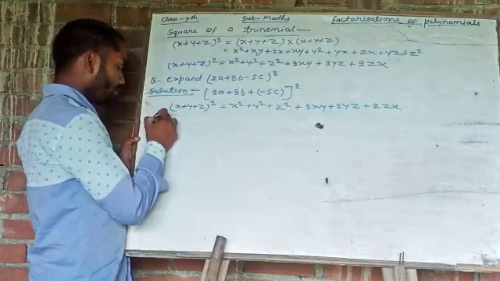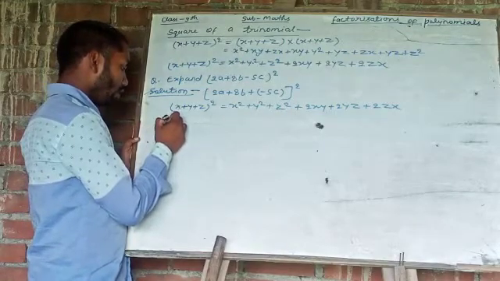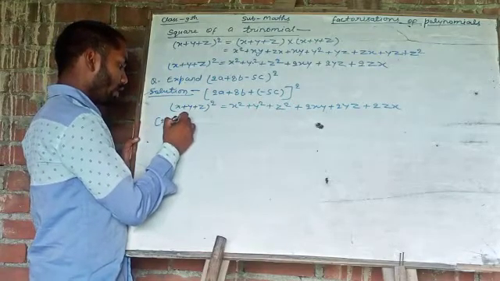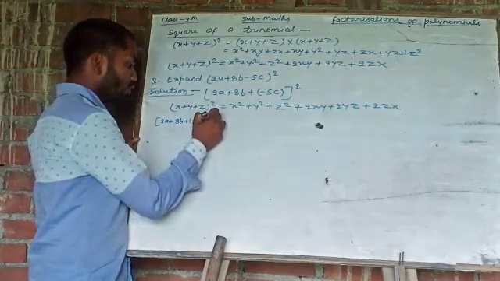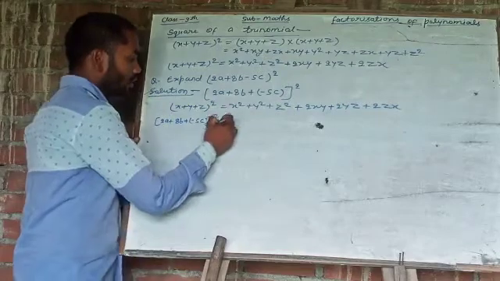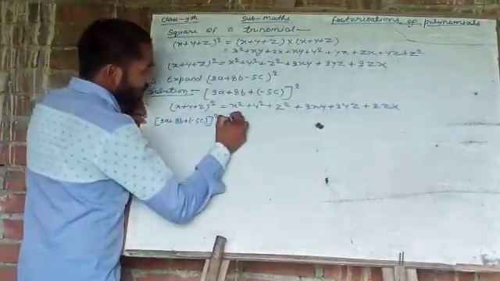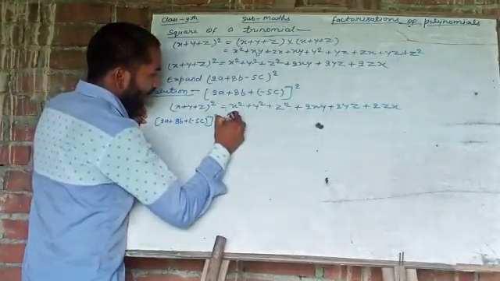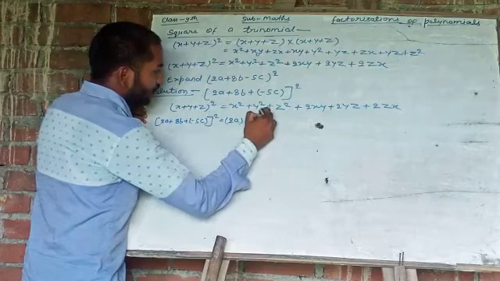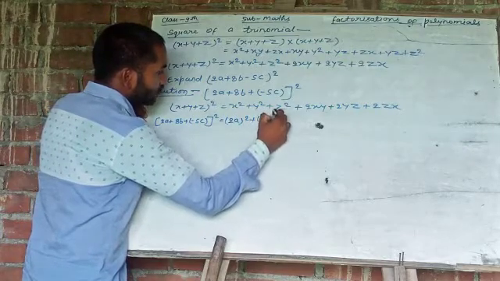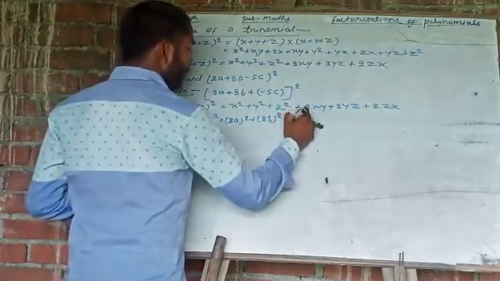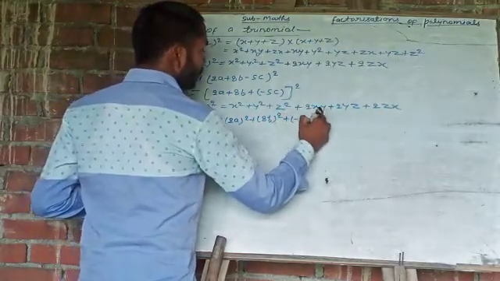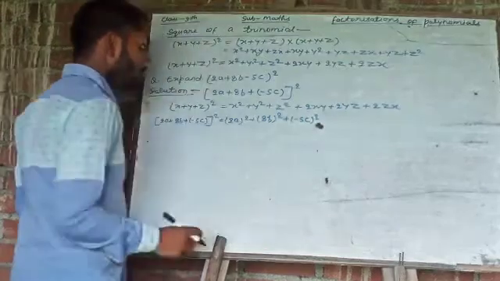So from here, 2a plus 8b plus minus 5c whole square is equal to, in place of x we are putting 2a whole square, here it will be 8b whole square, and this one will be minus 5c whole square.